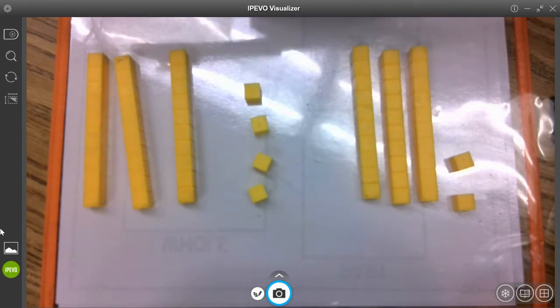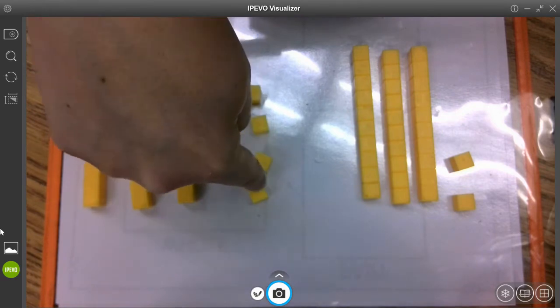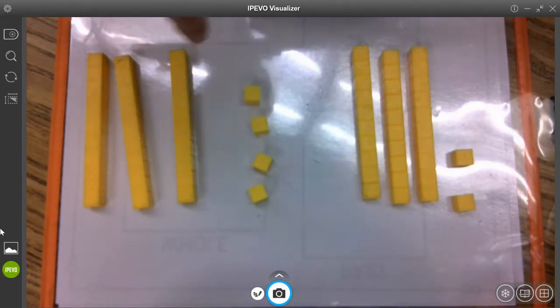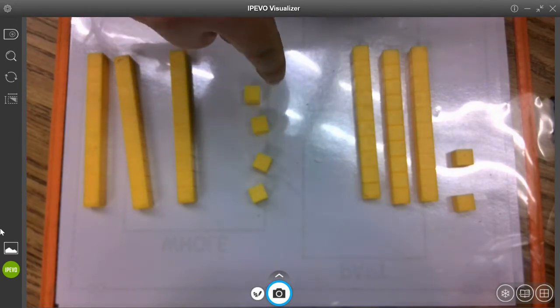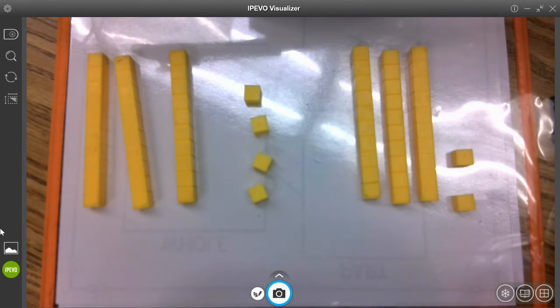So I can't tell for sure just looking at the tens which one is greater. Like the song says, I have to turn my focus to the ones. So I'm going to now look and see I have 4 ones and I have 2 ones. The tens were the same, but the ones are different. 4 and 2. Which one's greater?